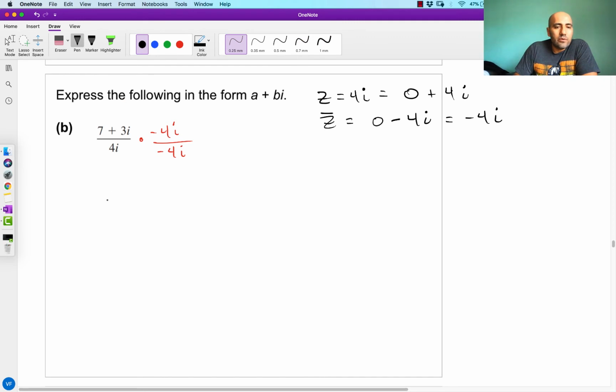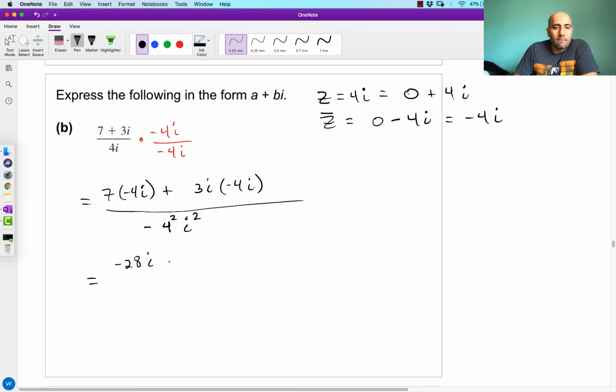And so we end up getting 7 times negative 4i plus 3i times negative 4i divided by negative 4 squared, or just 16, and then i squared. Right? So we'll get negative 28i minus 12i squared divided by negative 16i squared.